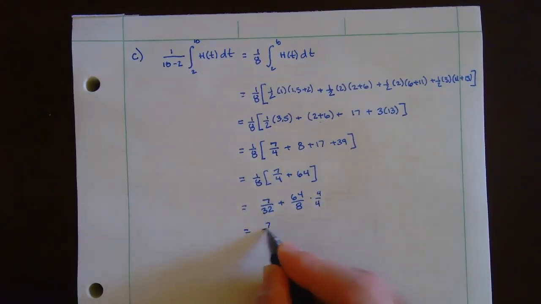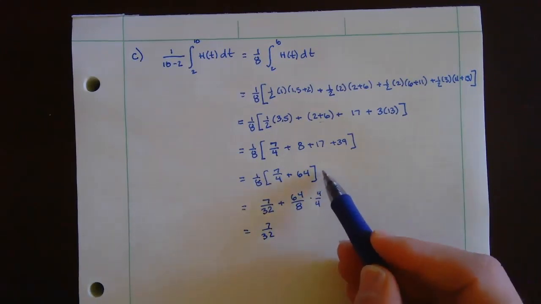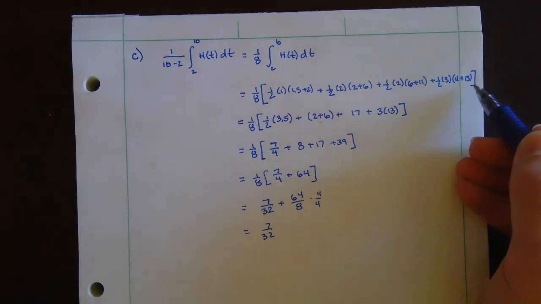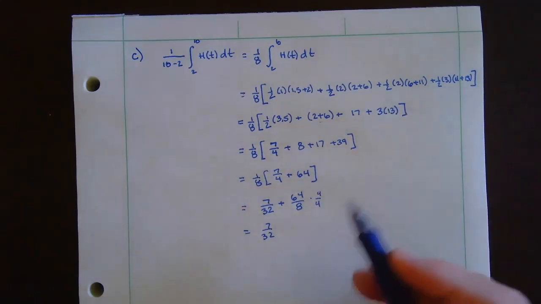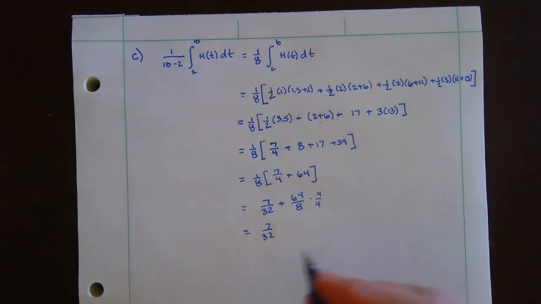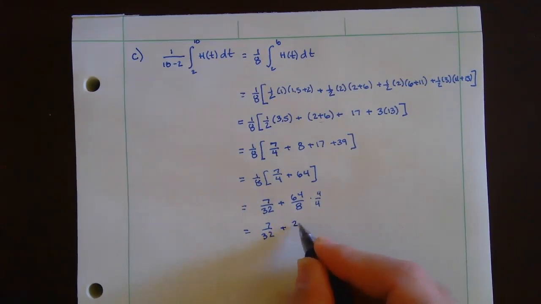You wouldn't have to do this. If you stopped right here, you'd get the right answer, because it's a numeric answer. So this would be 240 and 16, 256, so plus 256 over 32.